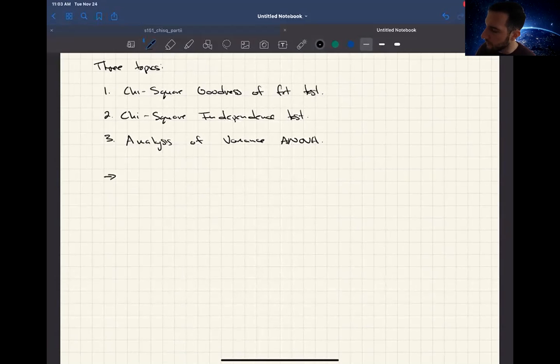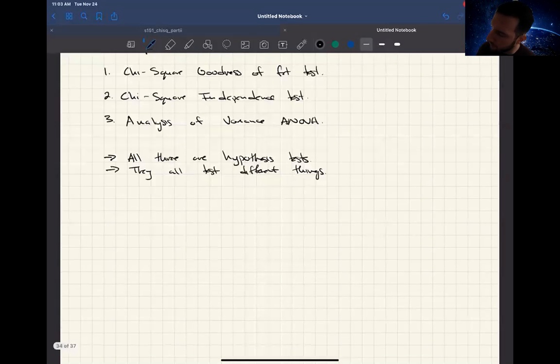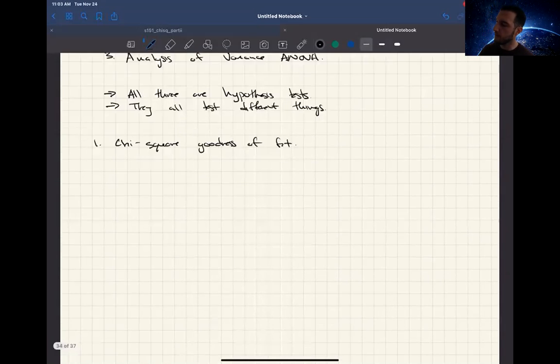Okay, so some similarities. All three are hypothesis tests. But the differences are that they all test different things. Okay, so with the chi-square goodness of fit test, we basically have the following.